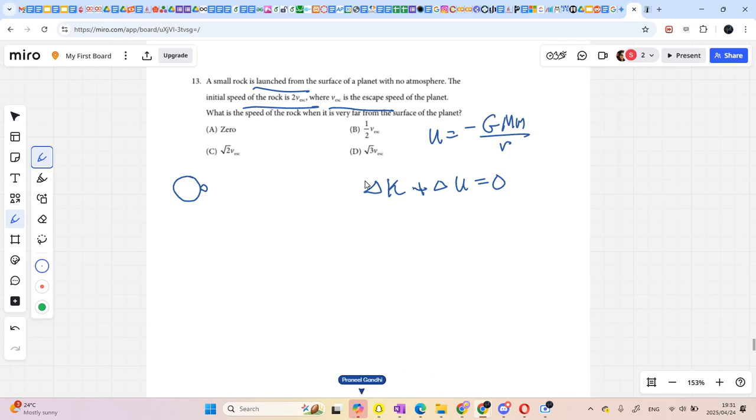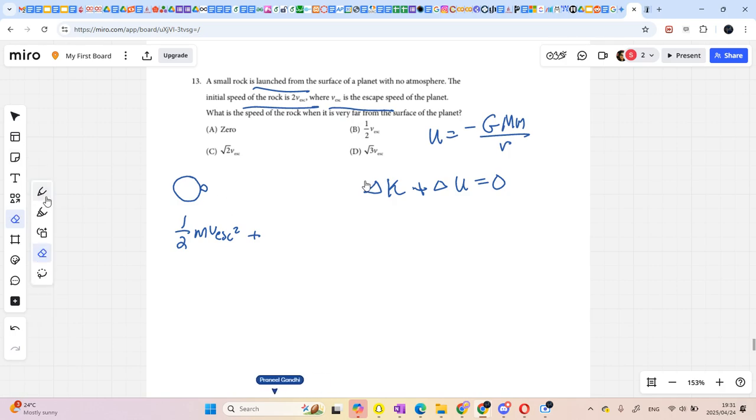So what escape velocity is going to be defined as is we're going to have our initial one half m v escape squared. Actually, no, wait, sorry, I should be using this equation.